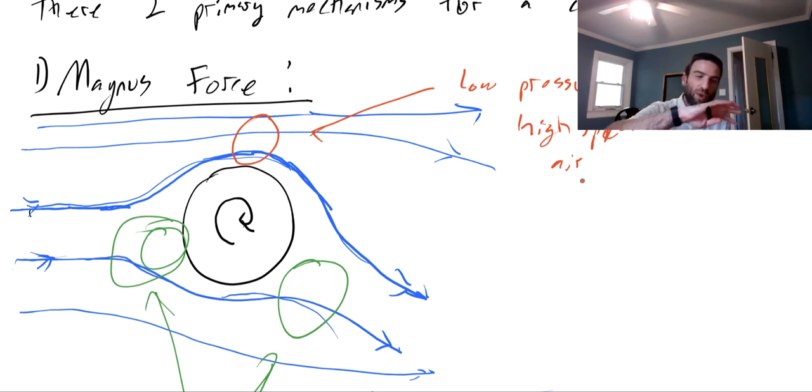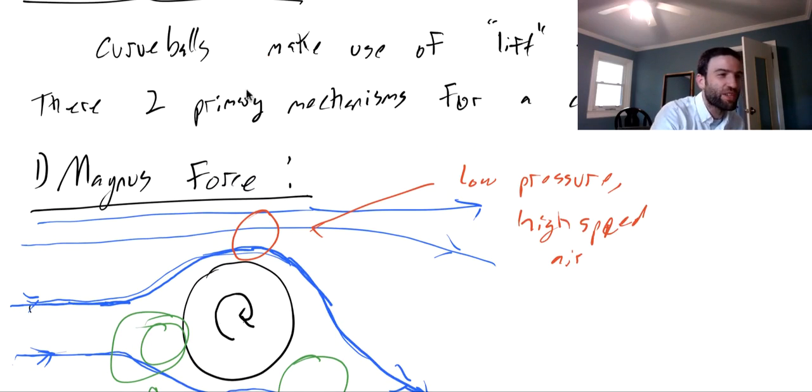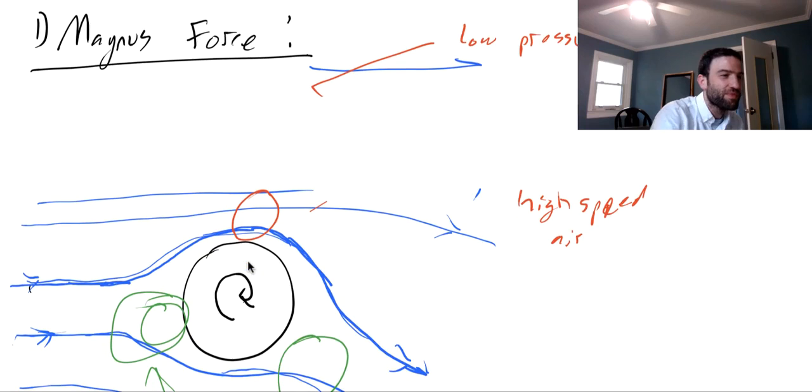All caused by the fact that the rotating ball is dragging some of the layer of boundary air along with it. So what we see here is an unbalanced set of high pressure regions over here and low pressure regions on this side of the ball. And the net result of all of this is a net force in this direction. And that's called the Magnus force.